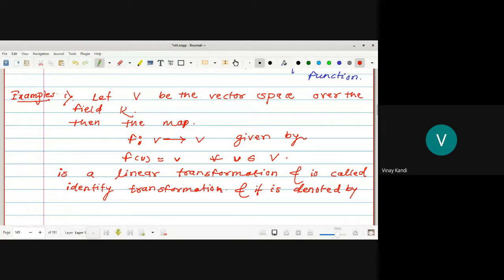The identity mapping or identity transformation is denoted by I. So the identity transformation is always a linear transformation.